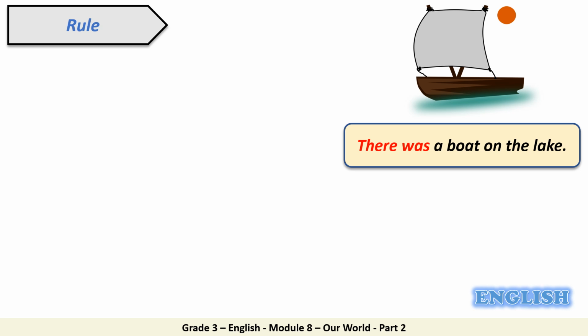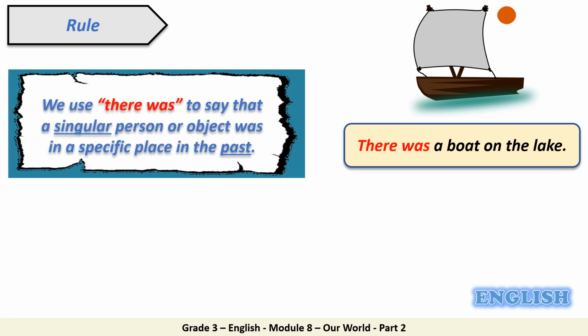We use it to talk about an object that is singular. And most importantly, there was is used to talk about the past. Therefore, the rule will be we use there was to say that a singular person or object was in a specific place in the past.